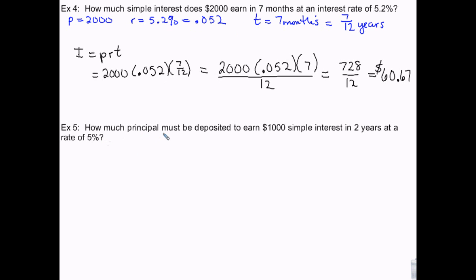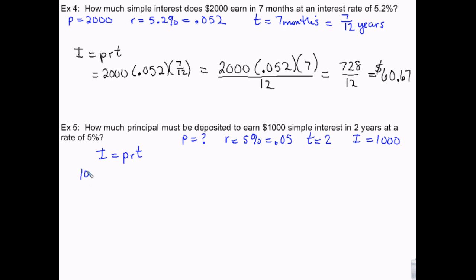Okay, how much principal must be deposited to earn $1,000 simple interest in 2 years at a rate of 5%? Okay, so I have I equals PRT. I don't know P. R is 5%, which is 0.05. T is 2 years, and I is 1,000.